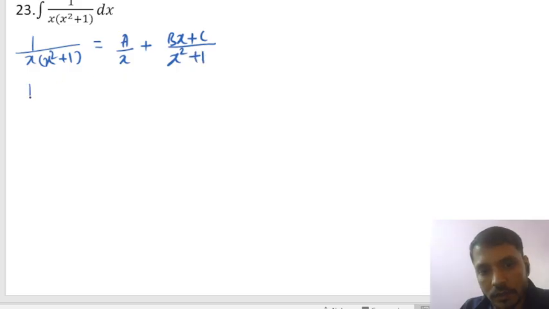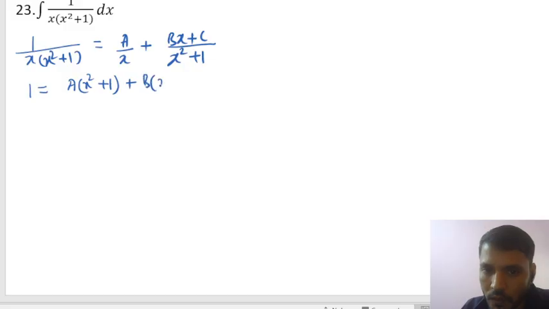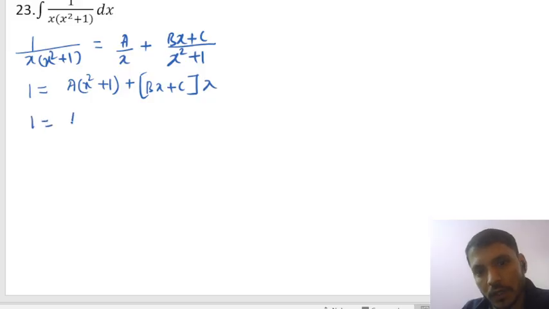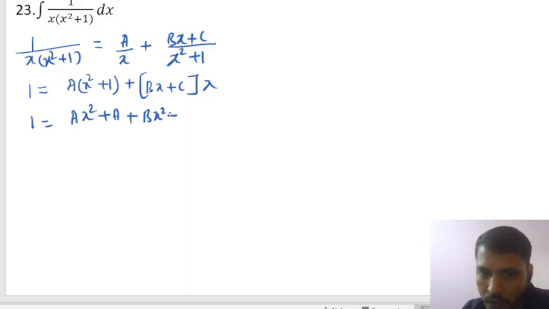Now taking the LCM, it will become a into (x square plus 1) plus (bx plus c), and this is all multiplied with x. That means 1 is equal to a x square plus a, and from here bx square plus cx.